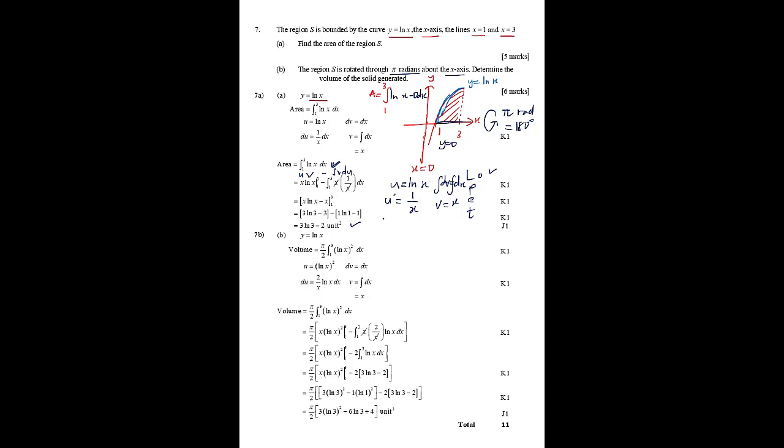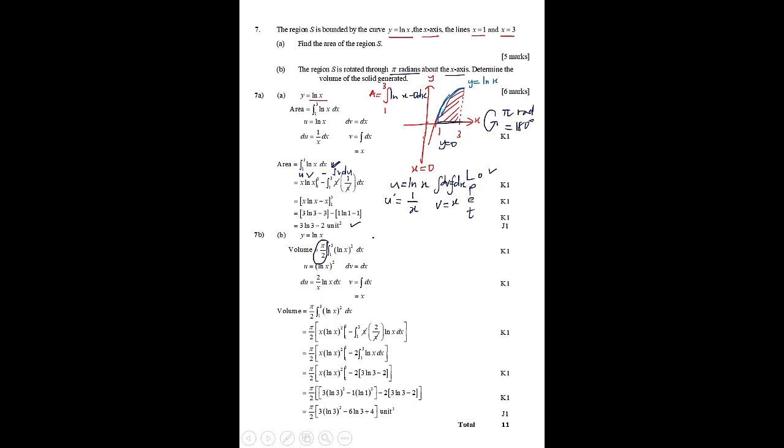So based on the formula for volume, instead of pi, you need to use pi over 2, because the rotation is only half of the complete rotation.